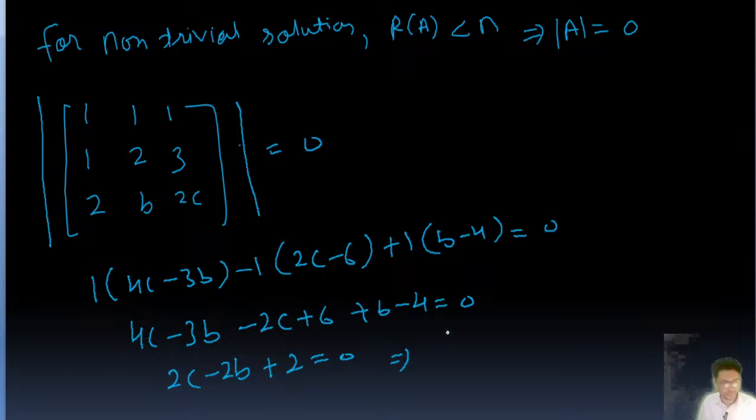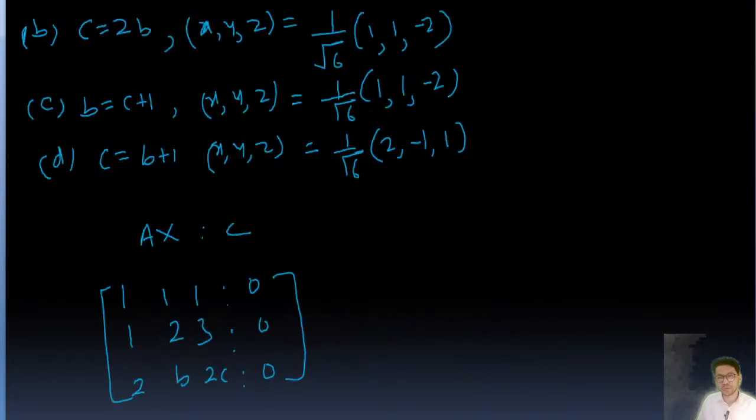This implies 2c is equal to 2b minus 2, so the 2 cancels and b is equal to c plus 1. So this is the condition. In the options you can check which one is matching. Option C is matching.